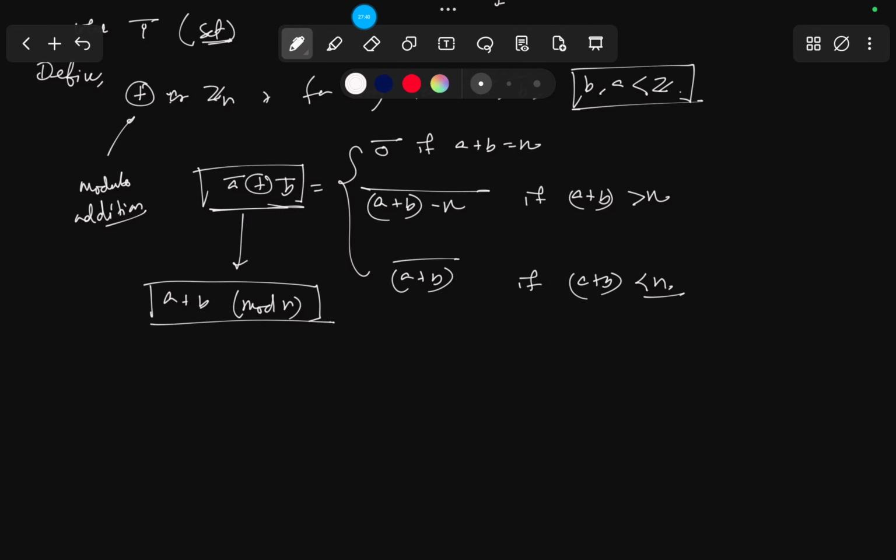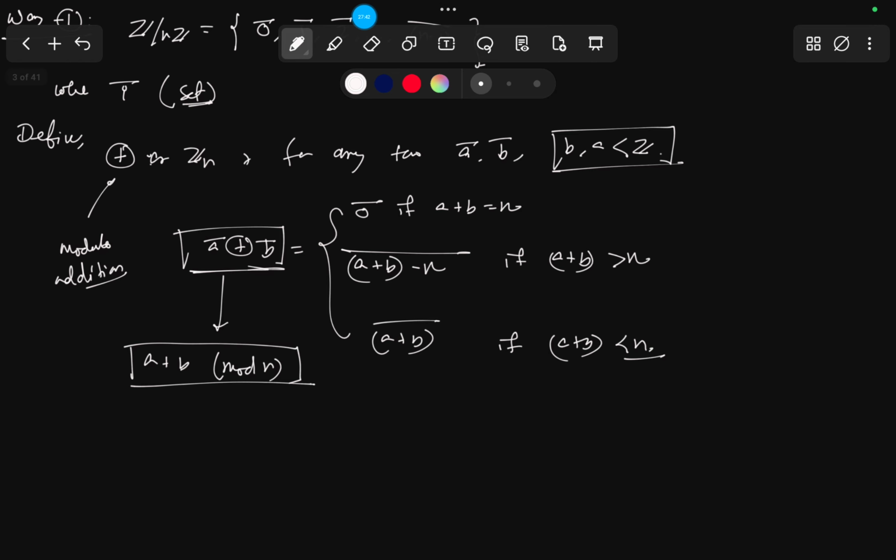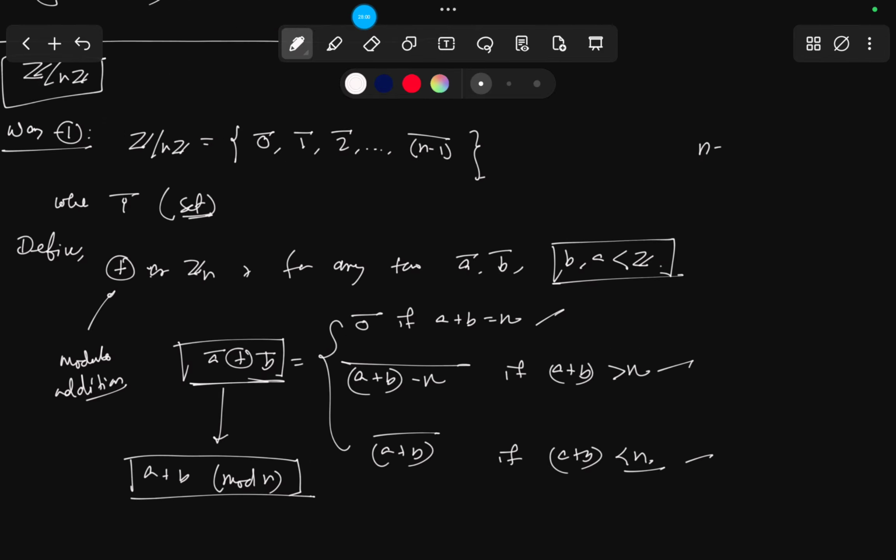Okay, so now let us verify these steps one by one. Let us consider that we have chosen two particular integers less than n, which are A and B. Now their addition can exceed n as well, right? For example, if we take n to be 3 and we choose A and B both to be 2, what is A plus B? It is basically 2 bar plus 2 bar, right?